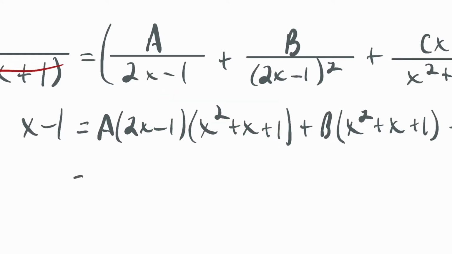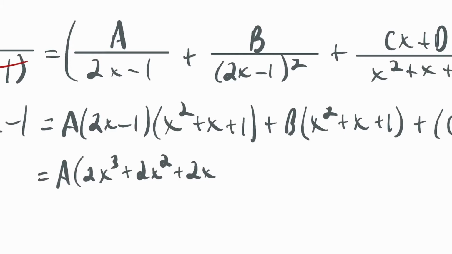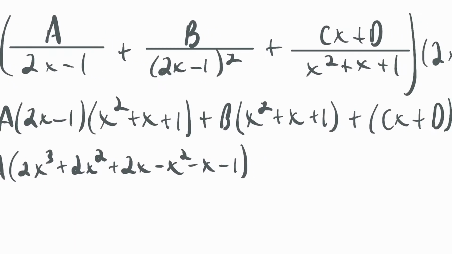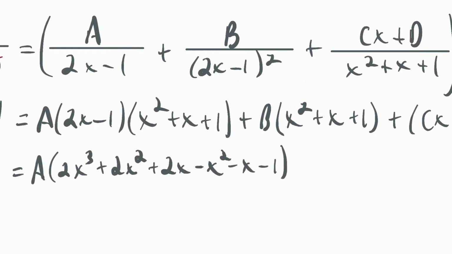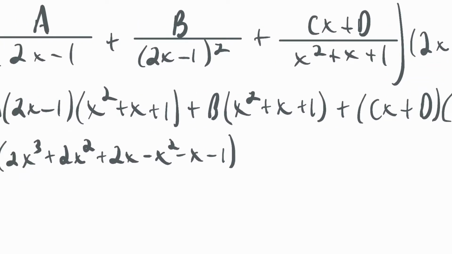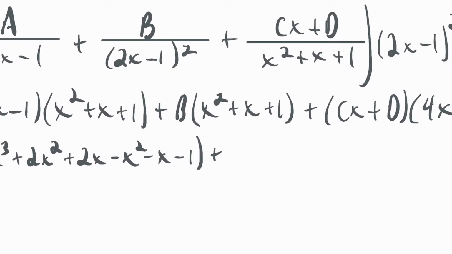Okay, so I will have a times 2x cubed plus 2x squared plus 2x, and then minus x squared minus x minus 1. Okay. And then I'll have b times each one of these terms. And, well, I'll leave it to the next step. You'll see what I mean. We'll leave this as it is for now.